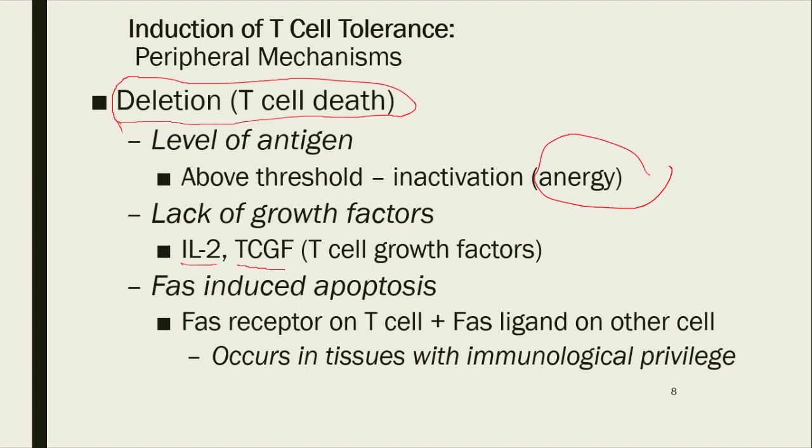Through Fas-induced apoptosis, Fas receptors on T cells corresponding with ligands on other cells can induce apoptosis, leading to T cell death.